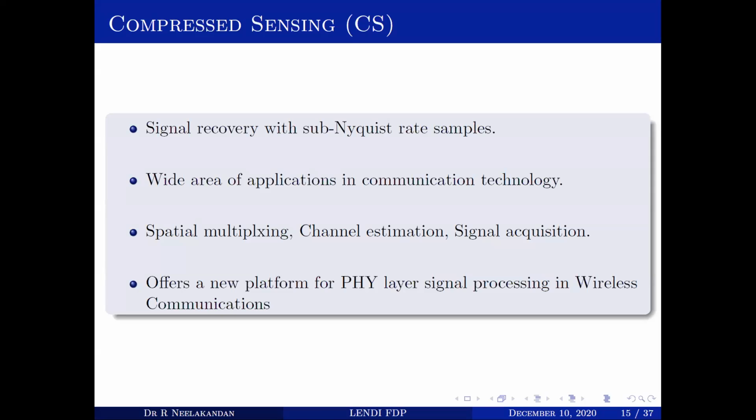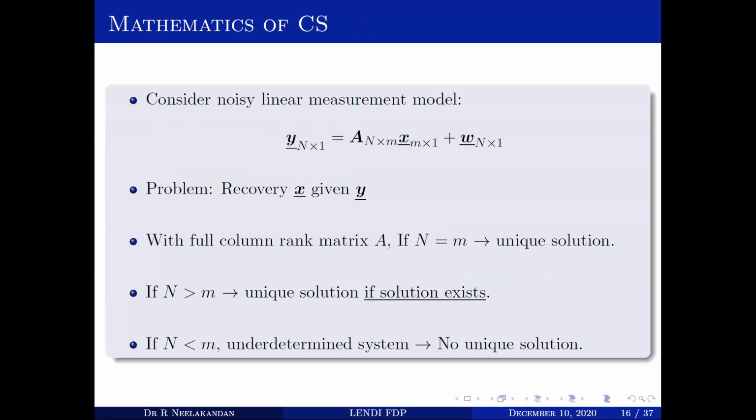CS has a wide area of application in communication technology, including spatial multiplexing, channel estimation, and signal acquisition. The CS framework offers a new platform for physical layer signal processing, and that creates a new era in that technique.